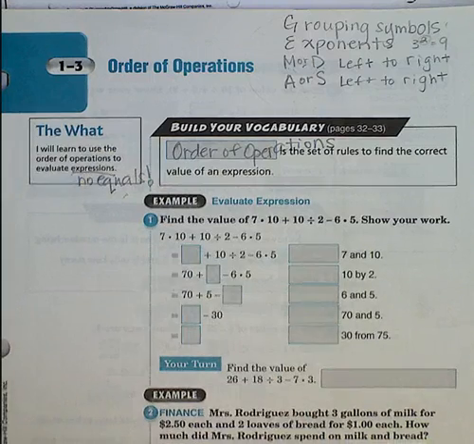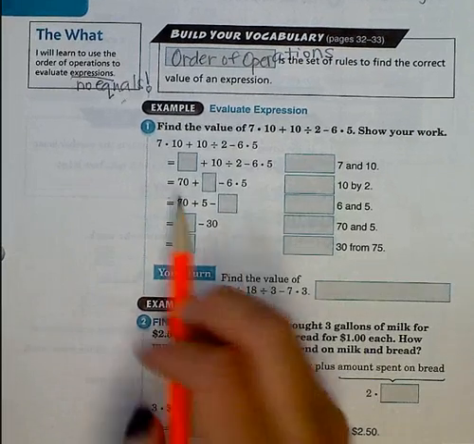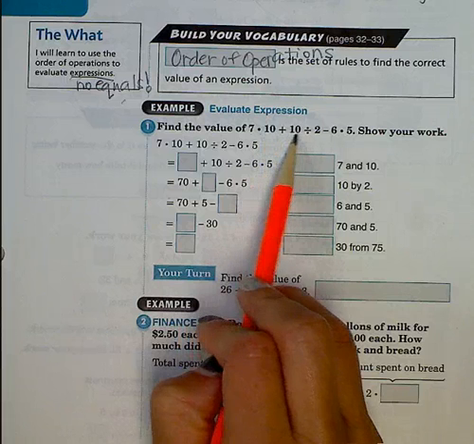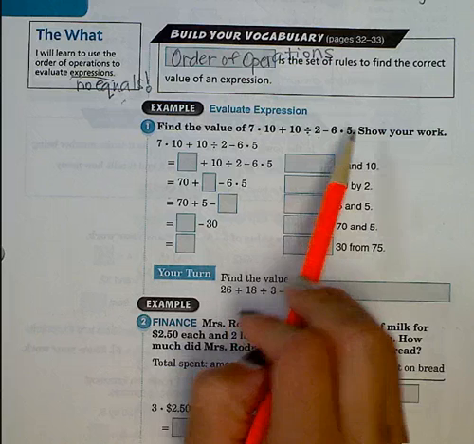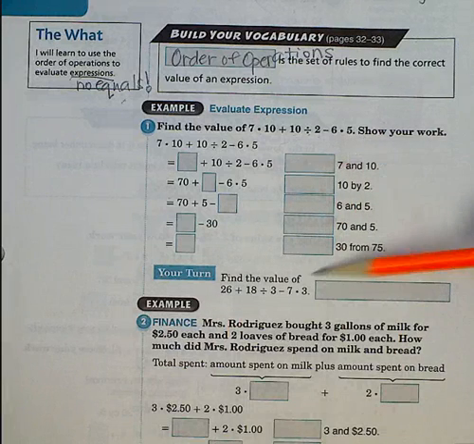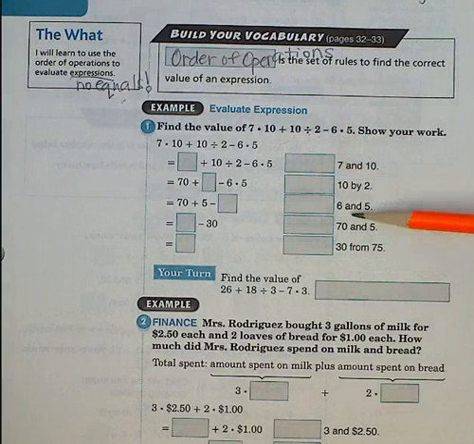So let's evaluate our first expression. It says find the value of 7 times 10 plus 10 divided by 2 minus 6 times 5. Show your work. When we say show our work, over here we list which operation we did in every step.